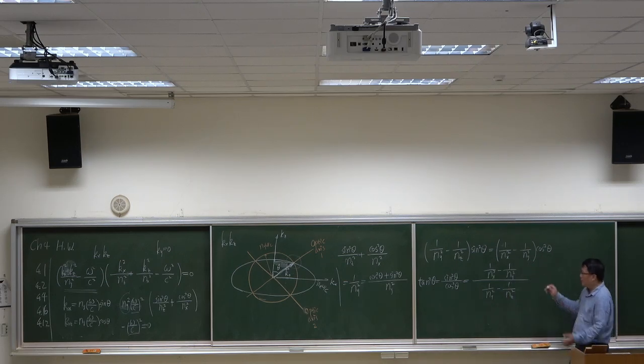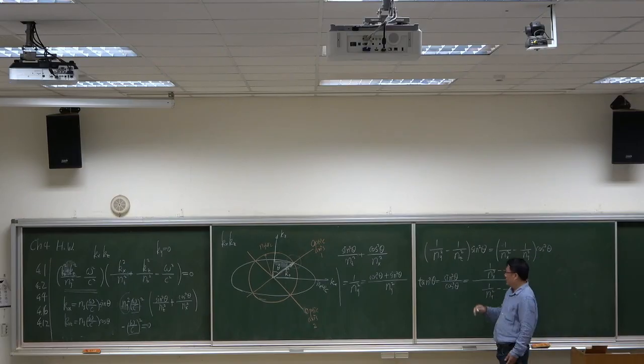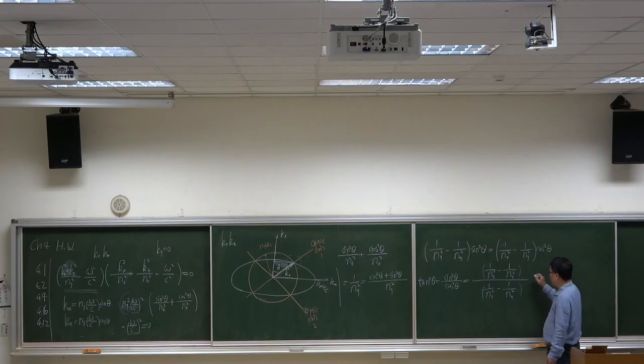And we can multiply the result by nx squared, ny squared, nz squared, over nx squared, ny squared, nz squared.